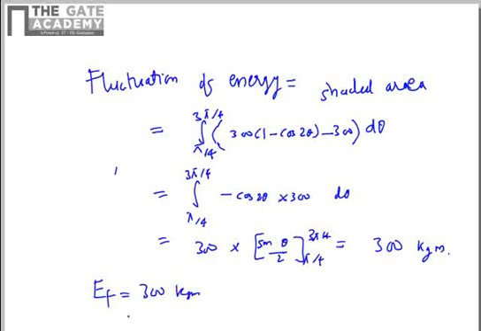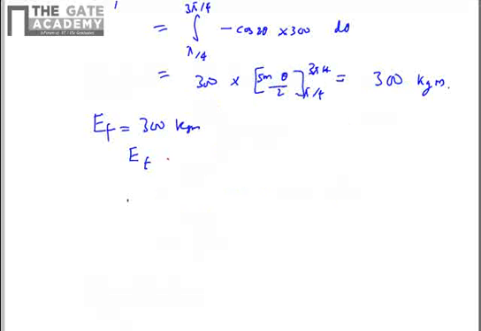Now we will use the formula for fluctuation of speed. So EF is equal to I omega square Ks, where Ks is the coefficient of fluctuation of speed.